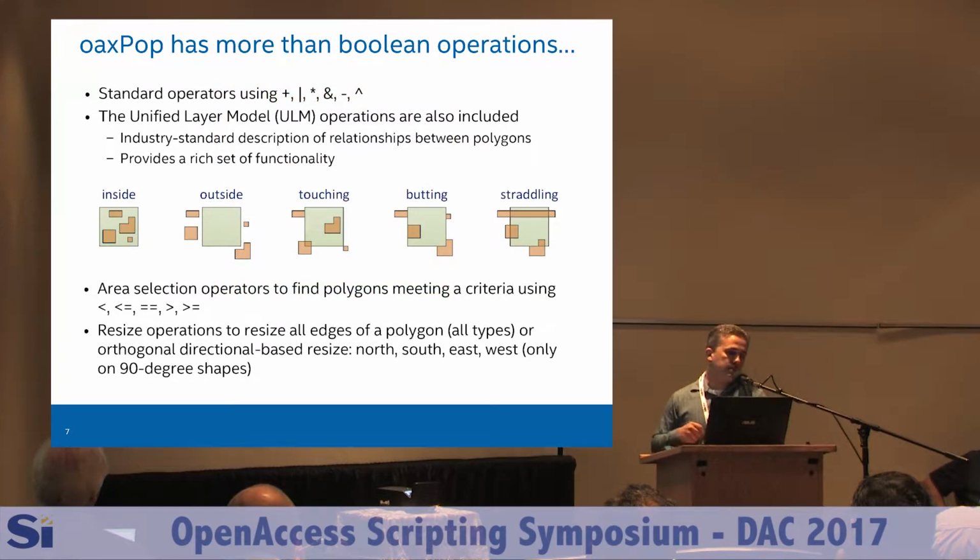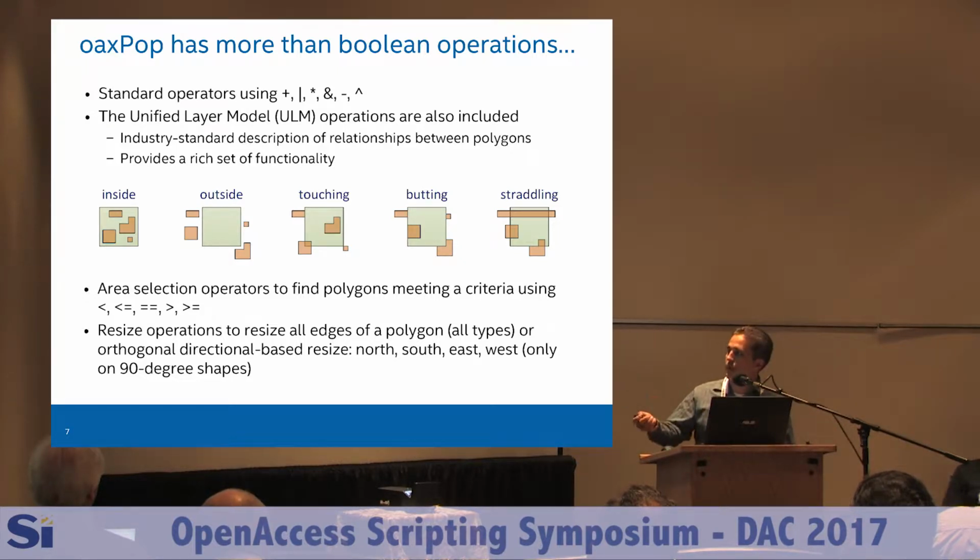oaxPop exposes the features that Boost Polygon had, which were the primitive functions I mentioned earlier: AND, OR, XOR and NOT. It also adds the unified layer model, thanks to Jake. Those are a set of predefined, very specific descriptions of shape relations that were bundled into a single word. With that, we can use a higher-level word to select objects that meet a certain criteria, like one set of shapes that are fully contained within another, and so forth.